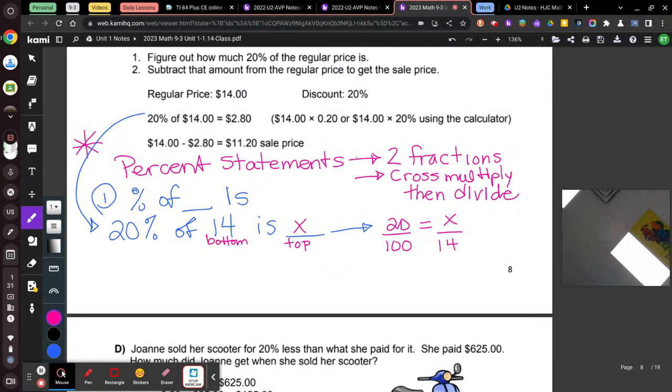So it's a cross multiply then divide. So times that, then divide by 100. So we're going to go 20 times 14, divide 100.